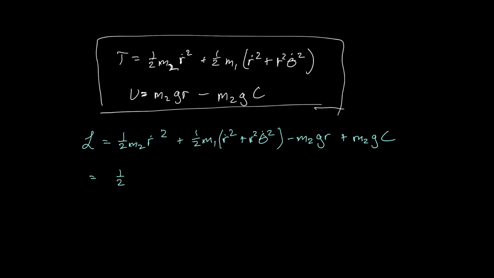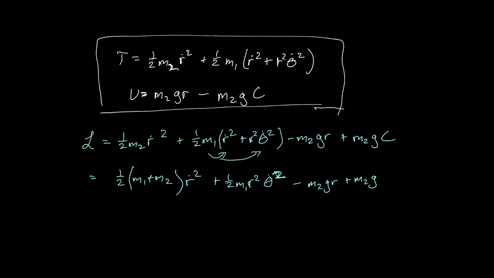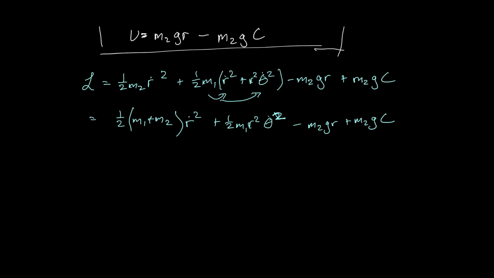Then that is equal to, we'll just distribute this term and then combine them: 1/2 (m1 plus m2) r dot squared plus 1/2 m1 r squared theta dot squared minus m2gr plus m2gc. Okay, so this is our Lagrangian.